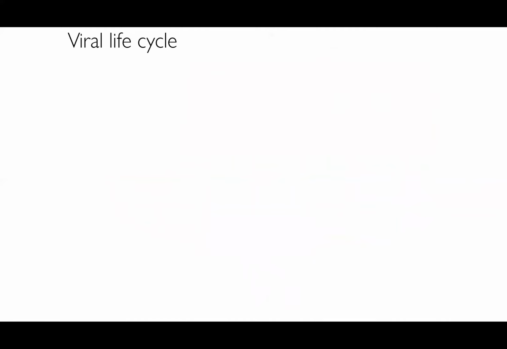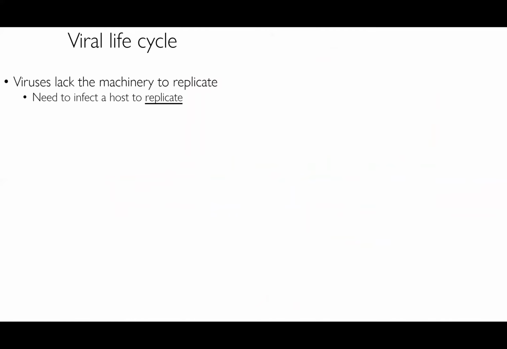The viral life cycle is a particularly important one because viruses are parasites, and like many parasites out there, they lack the machinery to replicate, and they are 100% reliant on the host to replicate and reproduce.